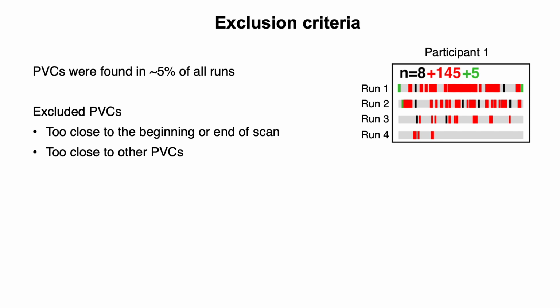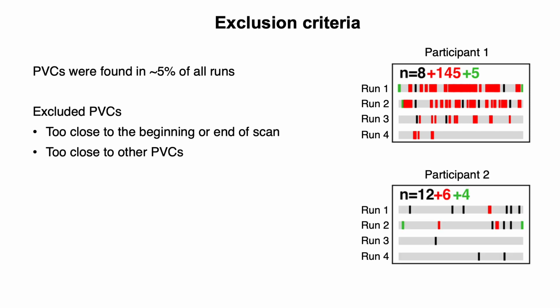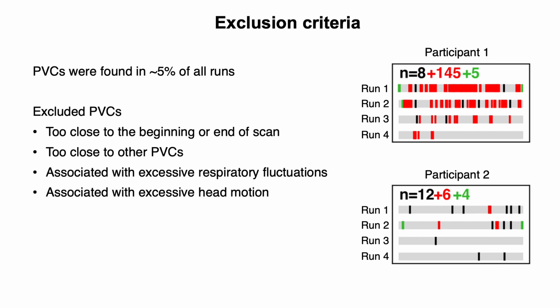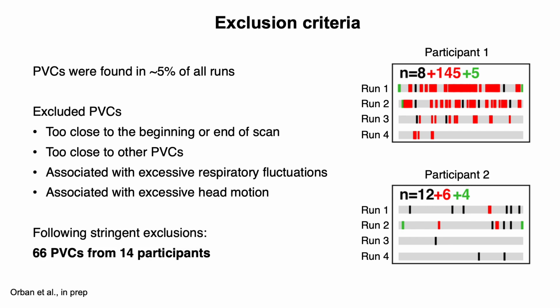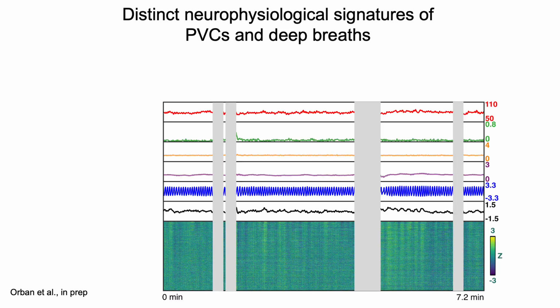This sometimes meant that a participant with lots of PVCs that were clustered ended up contributing fewer PVCs than one that had fewer PVCs but which were more evenly spaced. We also excluded PVCs with high levels of respiratory fluctuations or head motion, thus ending up with a total of 66 PVCs across 14 participants for our analyses.